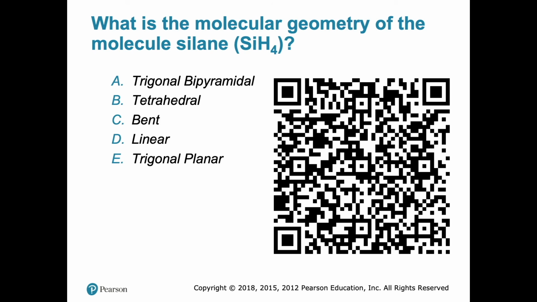9 people so far. 10 people so far. 11 people. I am so proud of all of you, because you remember the pattern, right? Because this is silicon tetrahydride. Silicon is in the exact same group as what?